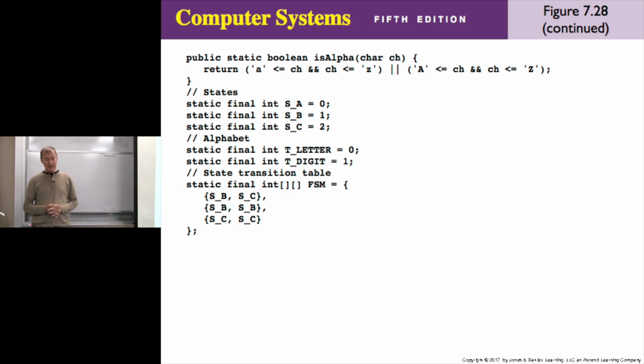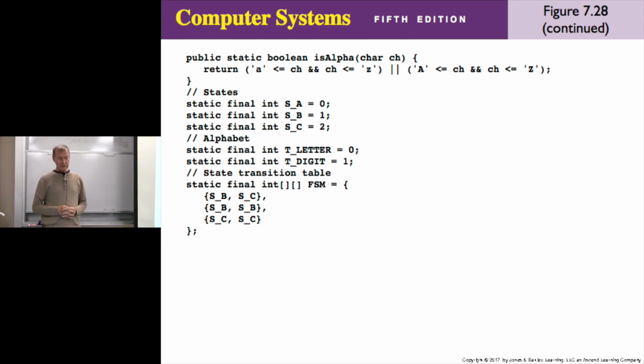And here what we were looking at at the end of the class last time is this static final int FSM. So what is the type of FSM? It is a two-dimensional array of what? Integers. Yeah, so it's static final int. It's fixed. The finite state machine will never change. It's a constant. Is everybody clear on this?